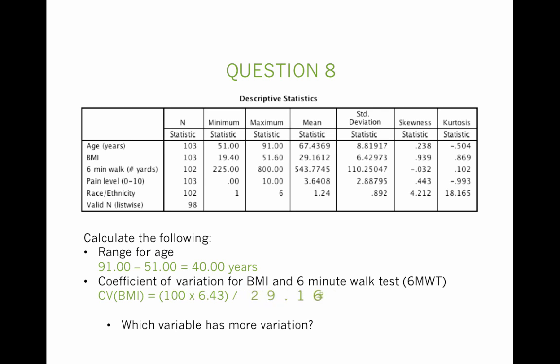So here's BMI, 22.05%. And here's 6-minute walk, 20.28%. So now that we have our CVs for both, we just need to compare them and see which variable has more variation. Well, because BMI has a bigger number, it has more variation.